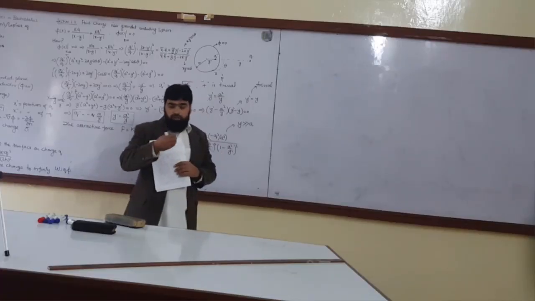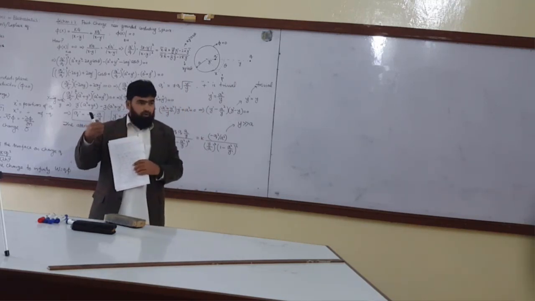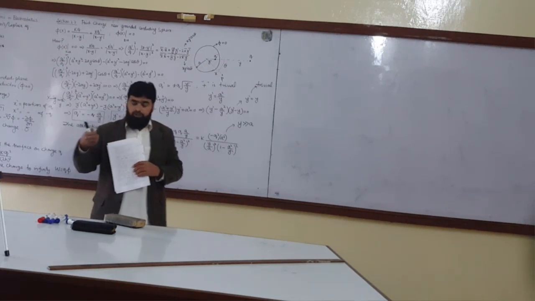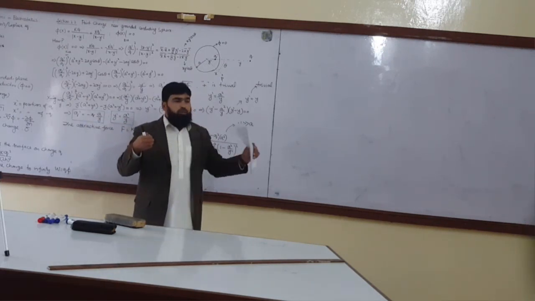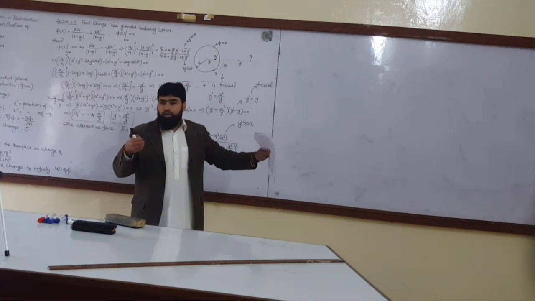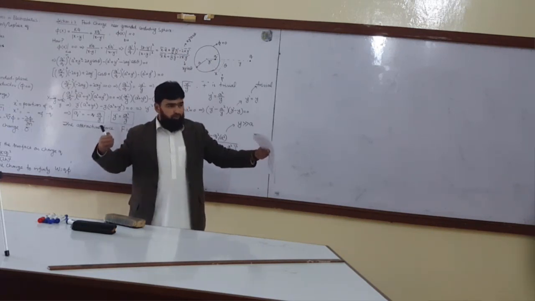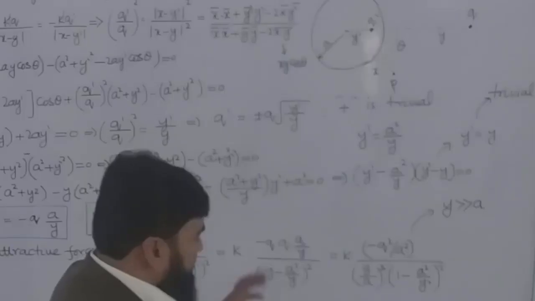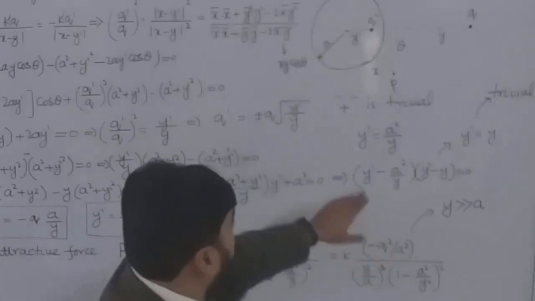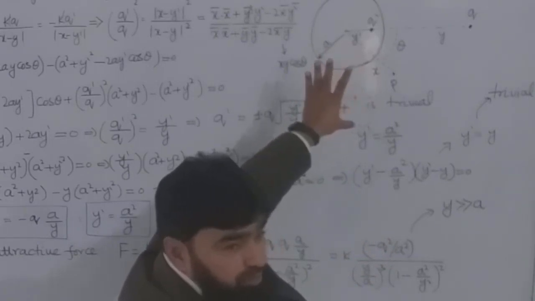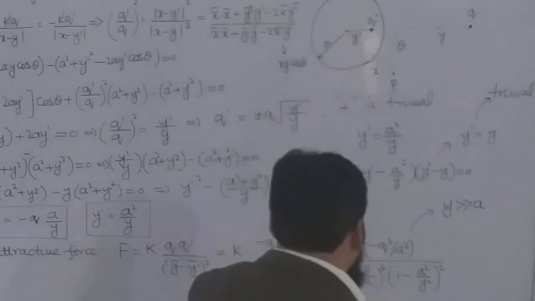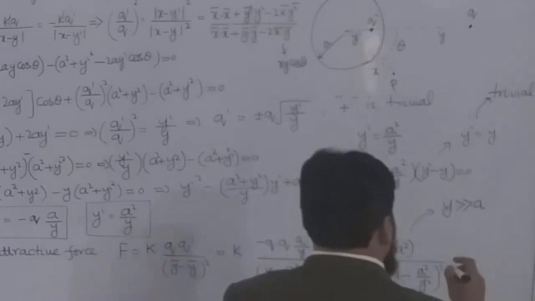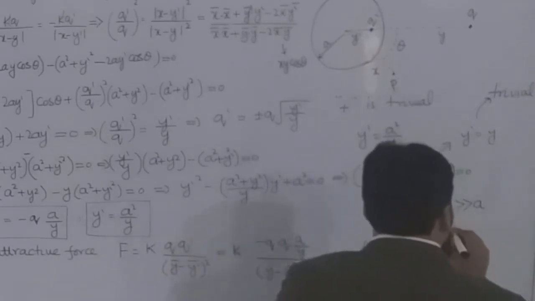Like when you are going far away from the source, from the sphere, then the sphere will also become like a point charge for you. You are going away from it. So it can behave like 2 point charges.